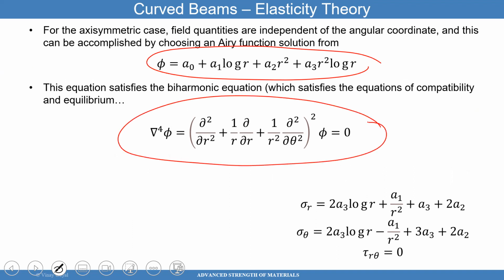If the biharmonic equation is fully satisfied, that means that the equilibrium equations and the strain displacement relationships and compatibility equations are fully satisfied. So that's the beautiful thing about the Airy stress function: by selecting a function that satisfies the biharmonic equation, you essentially satisfy two of the major equations that we have, and there's less work to do. All you have to do now is to satisfy the boundary conditions.